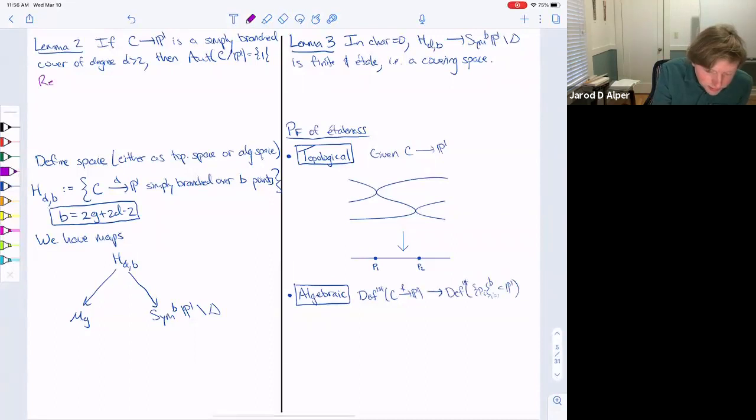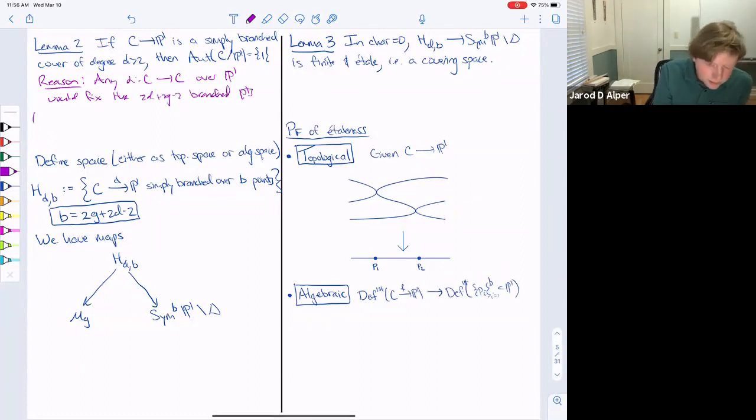I'm not going to spell it out completely, but the reason is that an automorphism over P1 would fix the 2D plus 2G minus 2 branch points.